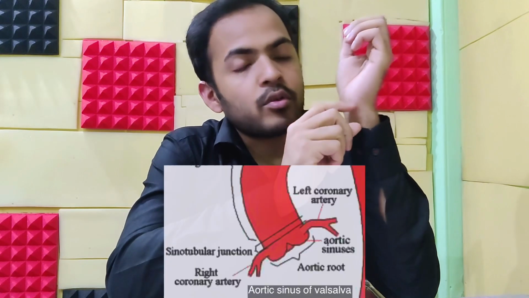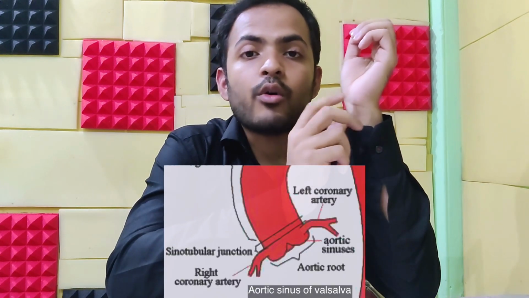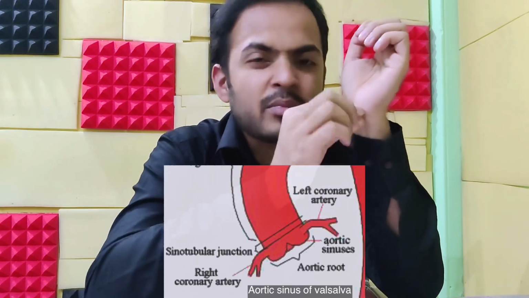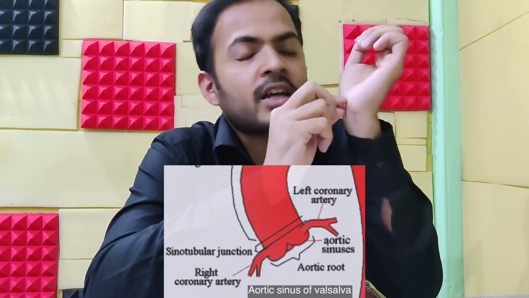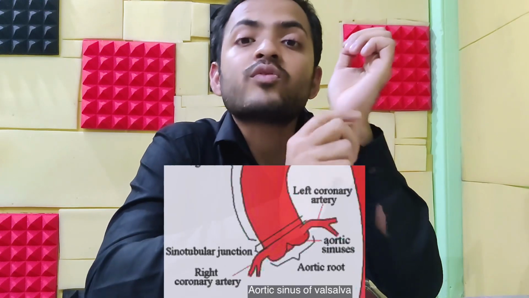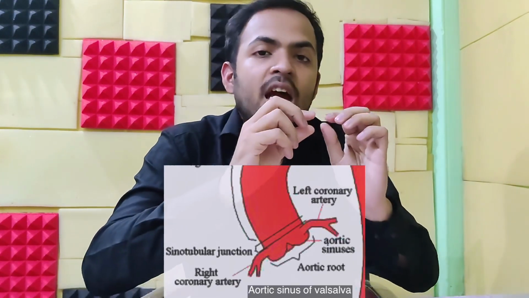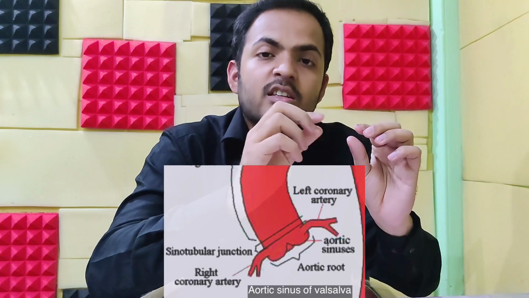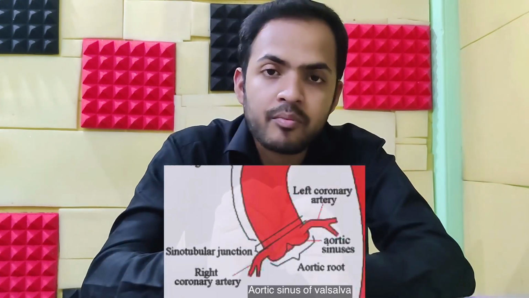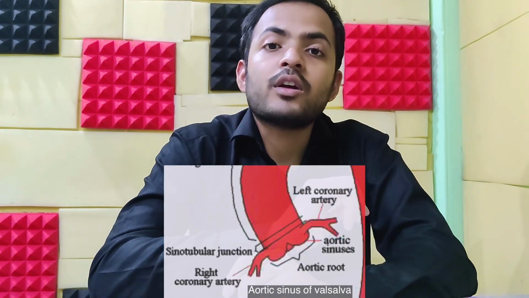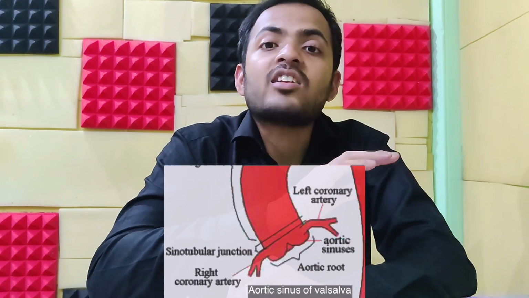Now in between this part you are getting aortic valves. Just above this aortic valve there is a little bit of dilatation in the root of the aorta. This dilatation has a little bit of gap area. This gap area is known as aortic sinus of Valsalva.